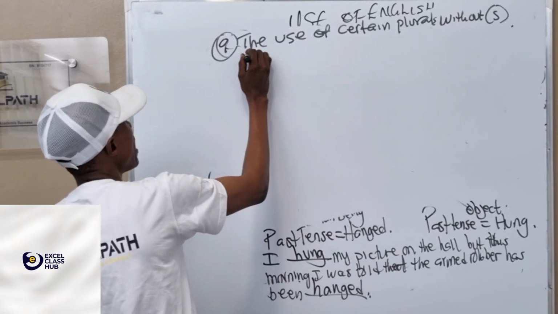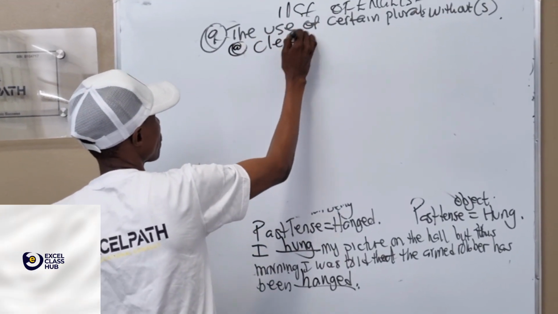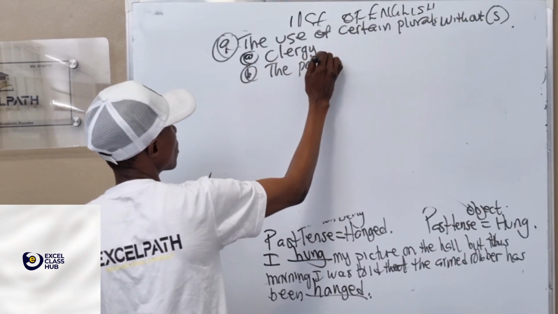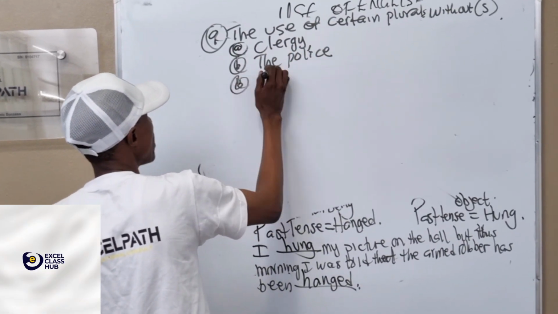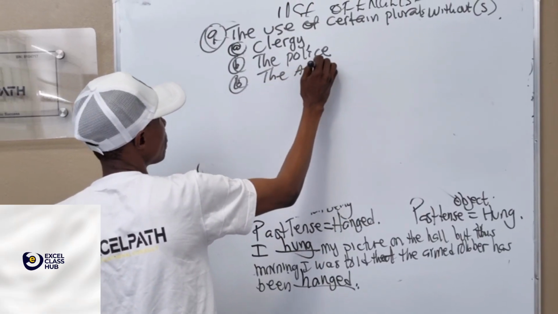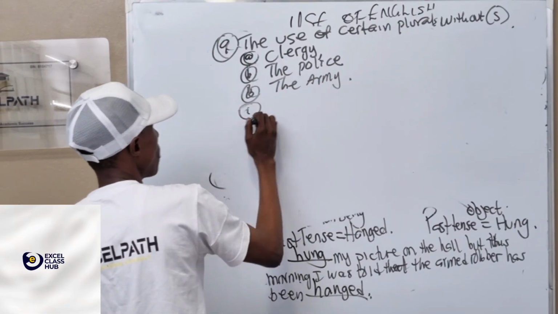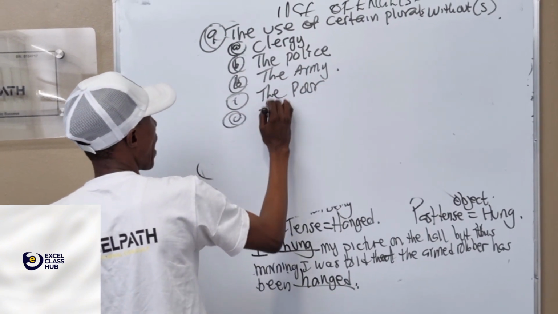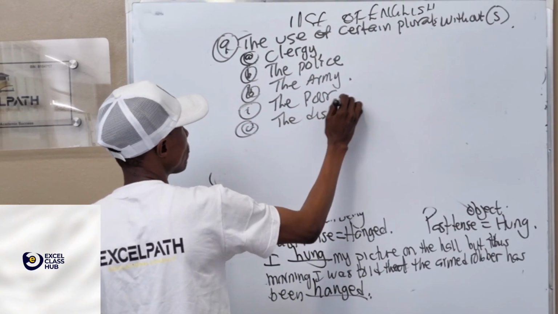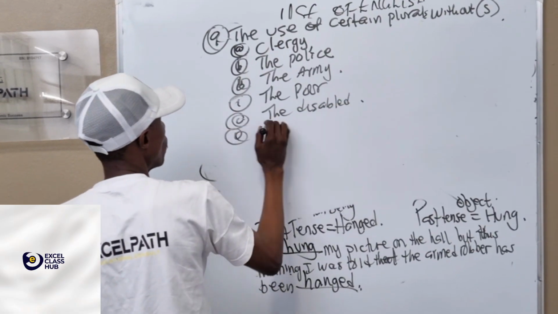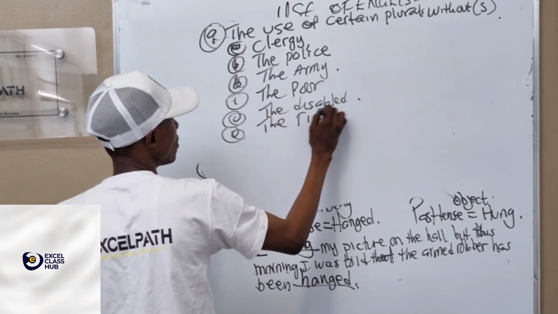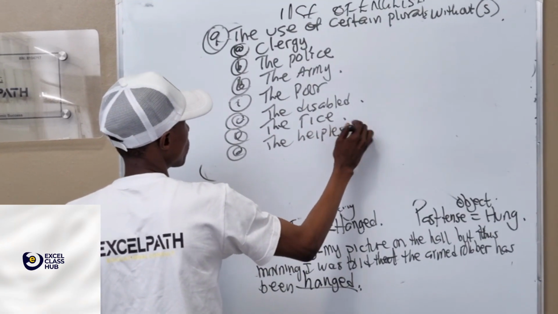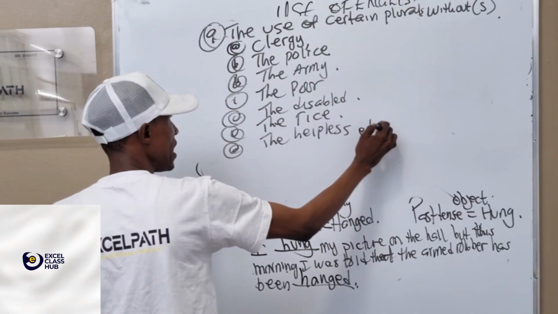The first one is the clergy, followed by the police, followed by the army. Number four, the poor, followed by the disabled, followed by the rich, followed by the helpless, and so on and so forth.